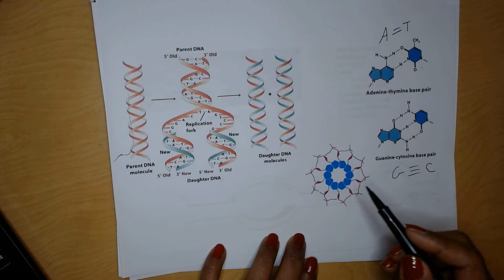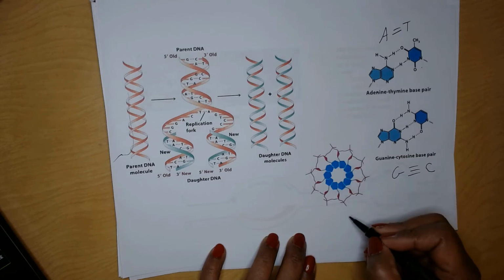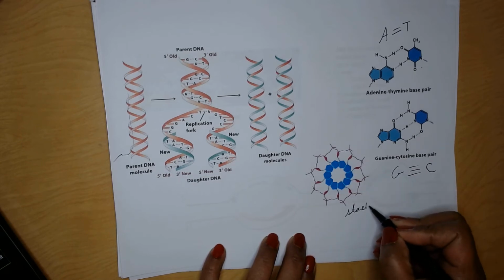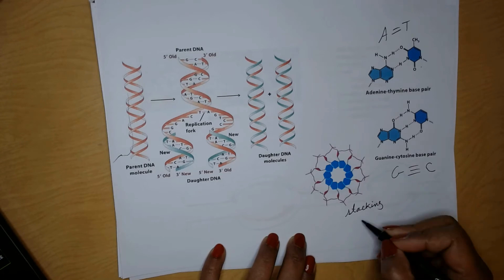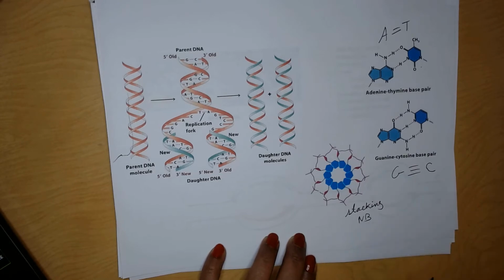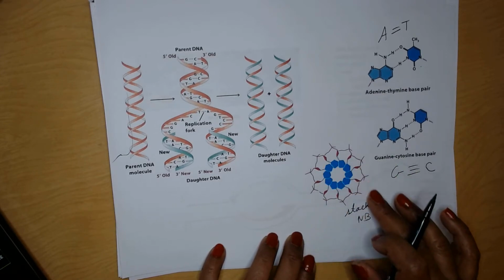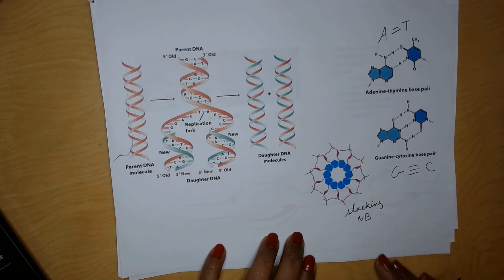On top of that, we also have the stacking of the nitrogen bases. They are perpendicular, let's say, to the phosphodiester bond, and they stack on one another, interacting by van der Waals or London dispersion forces.